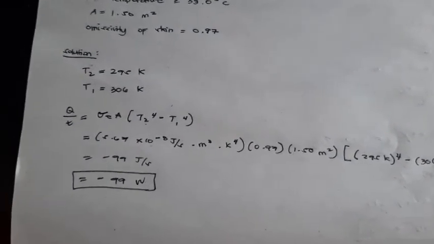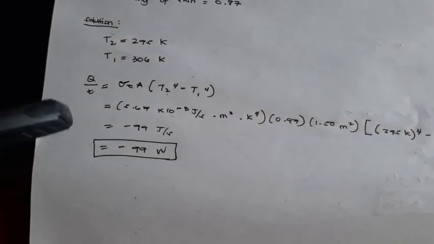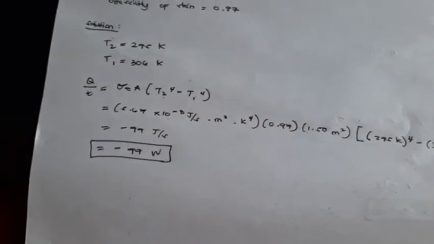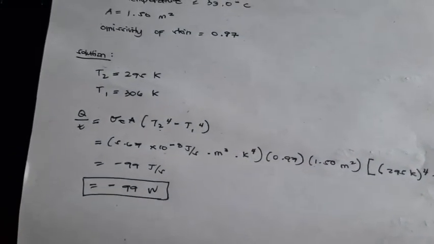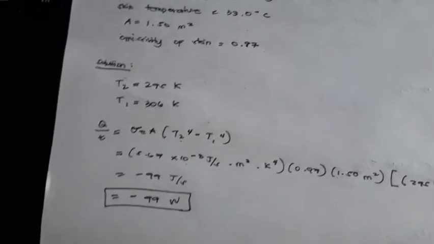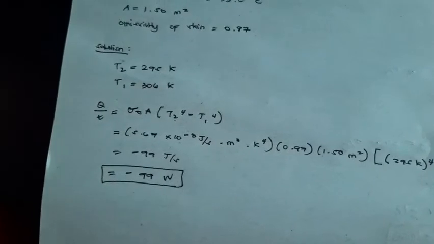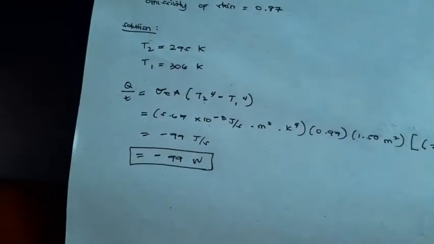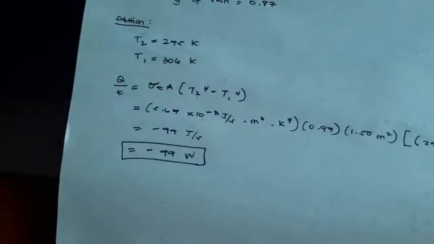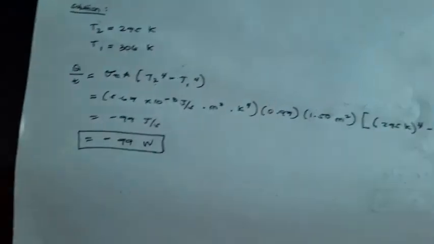The value is negative because heat is being released. So heat is transferred by radiation from the unclothed person standing in the dark room whose ambient temperature is 22.0 degrees Celsius.